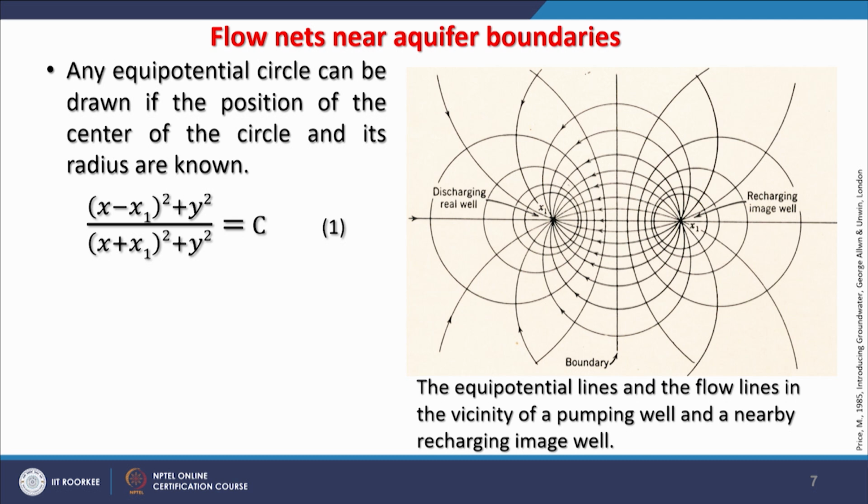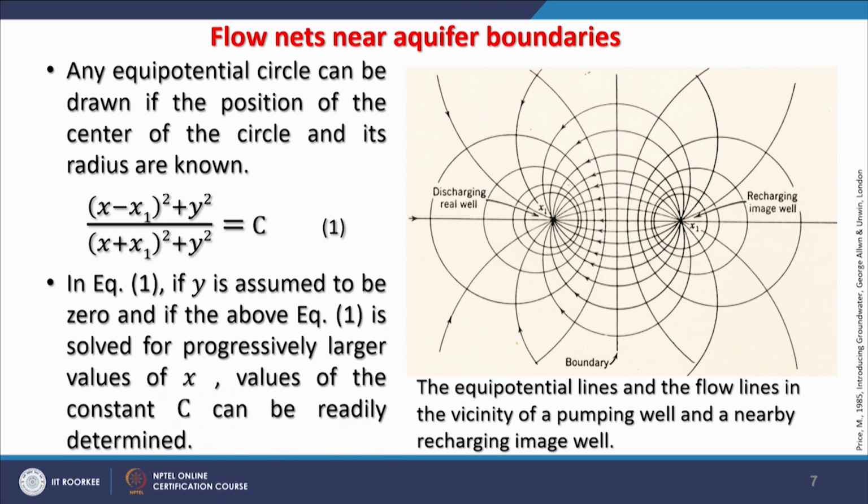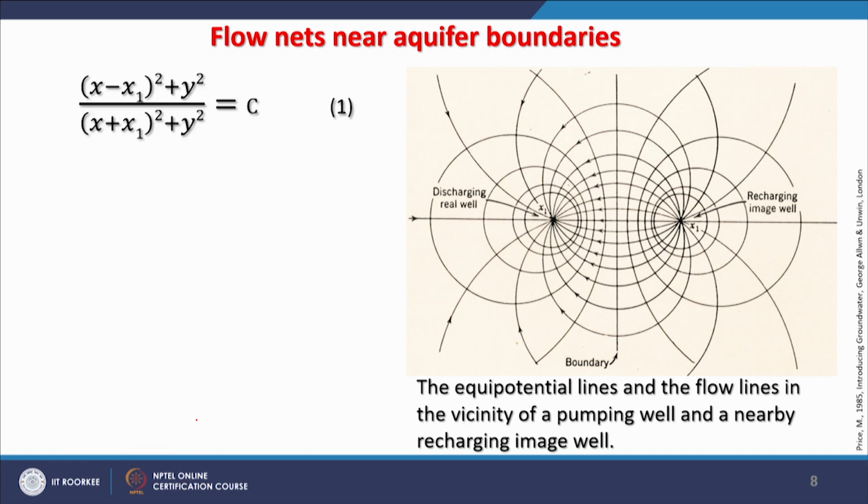So, here (x minus x1) squared plus y squared divided by (x plus x1) squared plus y squared equals C, and in this equation if y is assumed to be 0, then equation 1 is solved progressively for larger values of x and values of the constant C can be readily determined.